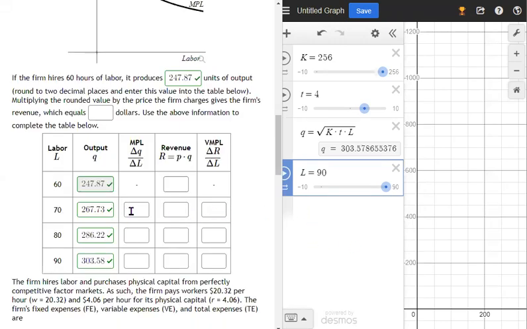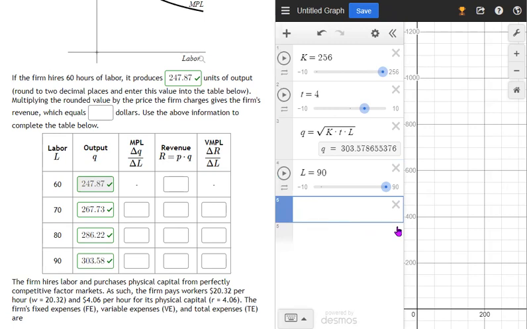So to calculate the marginal product of labor in row 70 here, 70 hours of labor, we have to calculate the output change over the change in labor. When labor was 60 hours, output was 247.87.